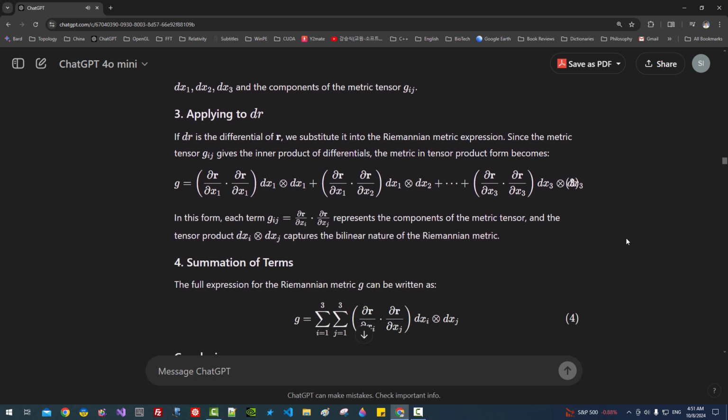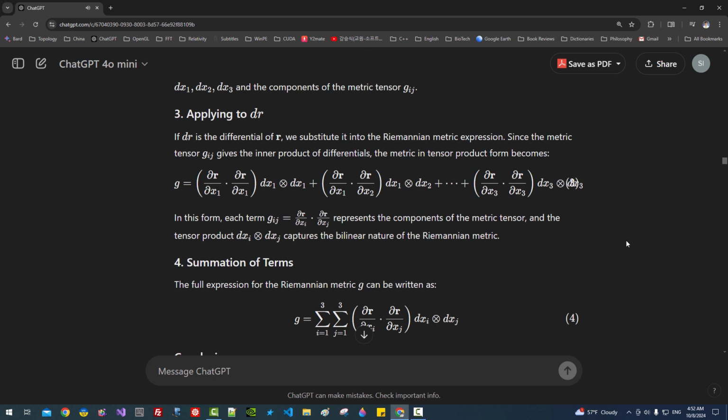3. Applying to dr. If dr is the differential of R, we substitute it into the Riemannian metric expression. Since the metric tensor gij gives the inner product of differentials, the metric in tensor product form becomes G equals (partial R over partial x1 dot partial R over partial x1) dx1 ⊗ dx1 plus (partial R over partial x1 dot partial R over partial x2) dx1 ⊗ dx2 plus and so on, up to (partial R over partial x3 dot partial R over partial x3) dx3 ⊗ dx3 (3).